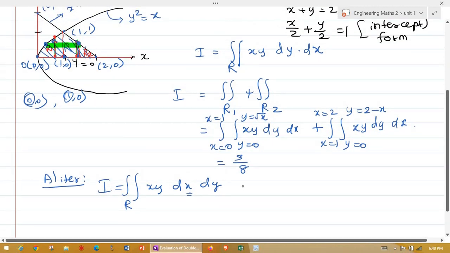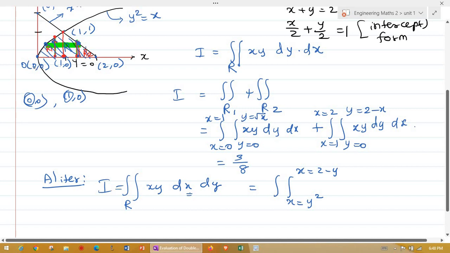Then we can write here that the values of x start from the parabola x equals y square and end with x equals 2 minus y, the straight line. Then what is the limit of y?